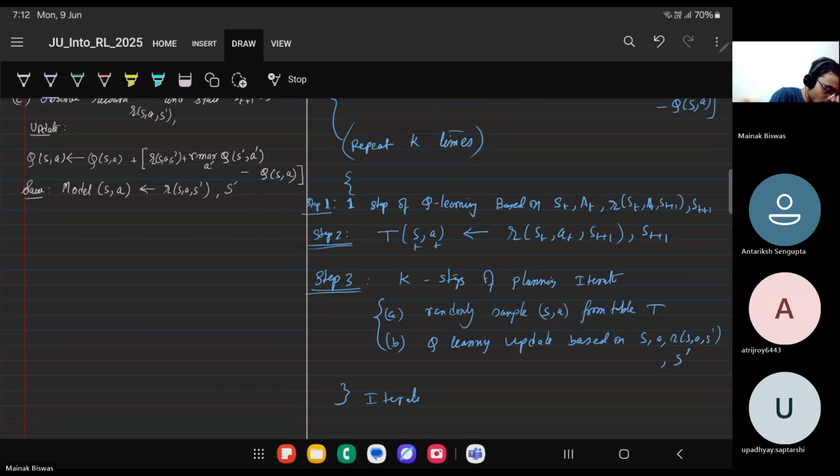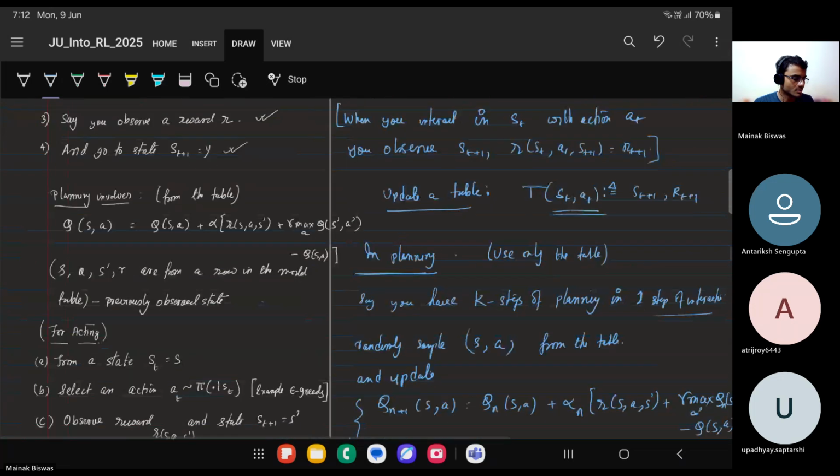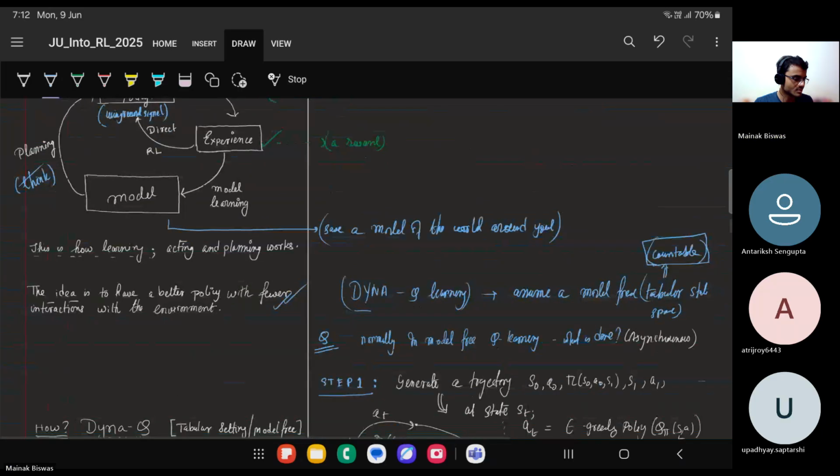Iterate until convergence. Questions? You have to ask. Is it clear?